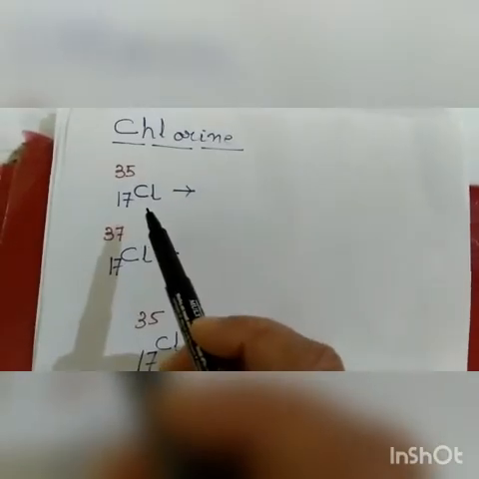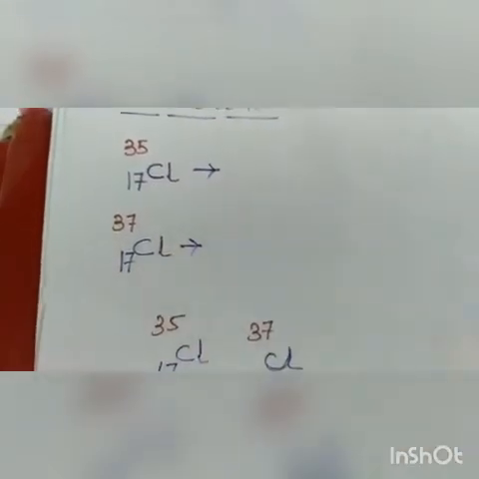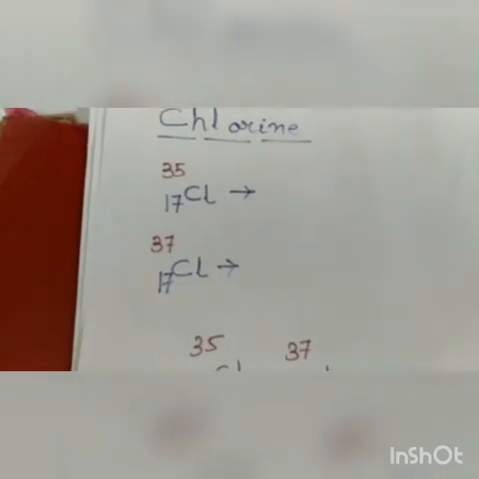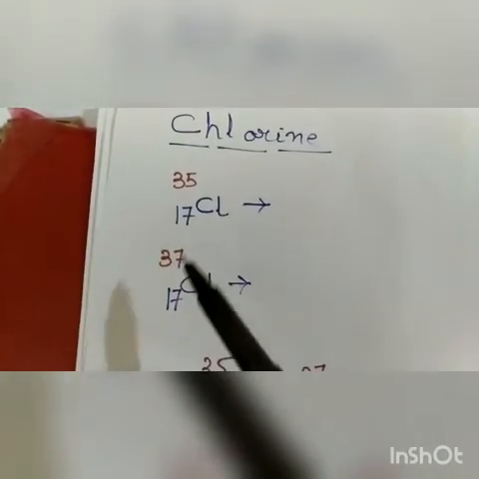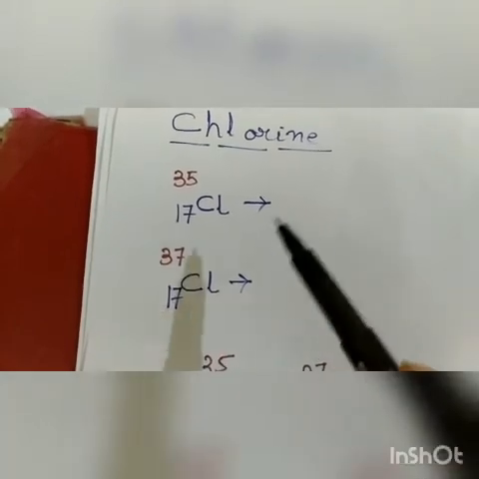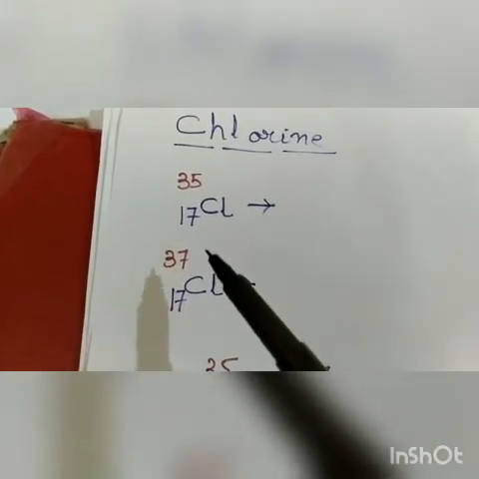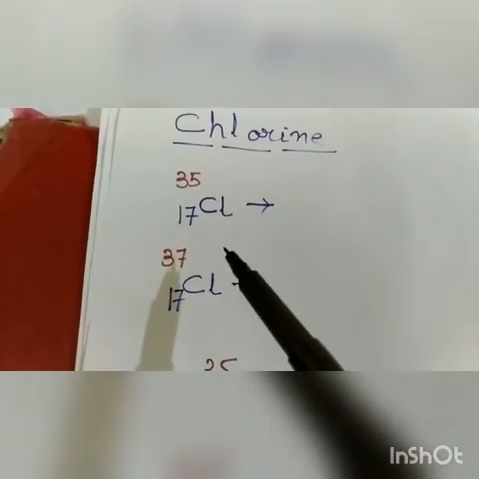Now students, please see here, this is the chlorine element, which has 2 isotopes. One isotope has an atomic mass of 35 and another isotope has an atomic mass of 37, and both of them have the same atomic number. So chlorine consists of atoms of 2 different types having the same atomic number but different atomic mass, and they are the isotopes.